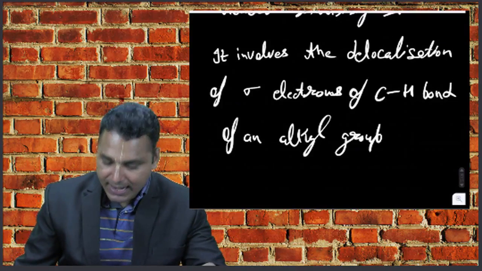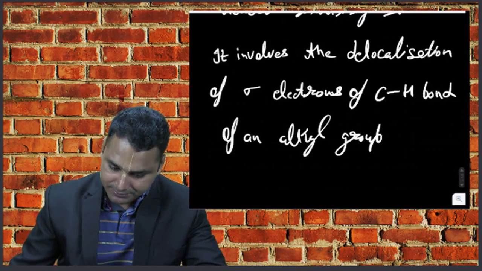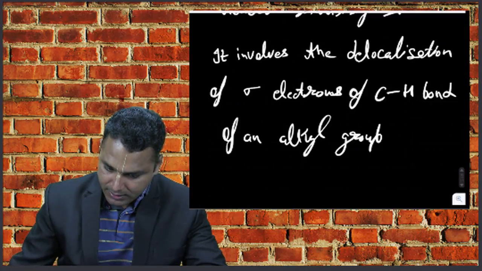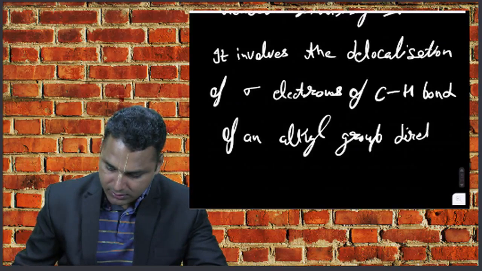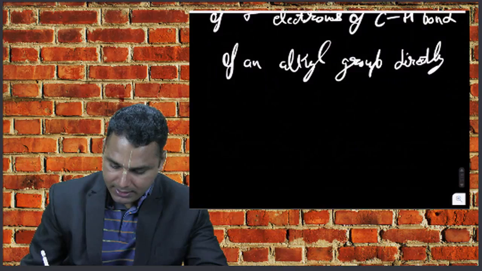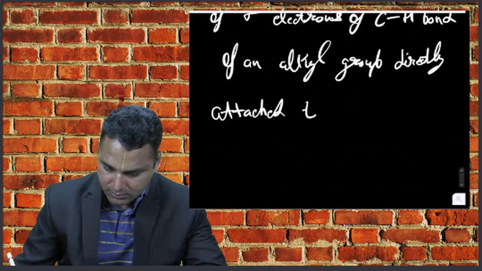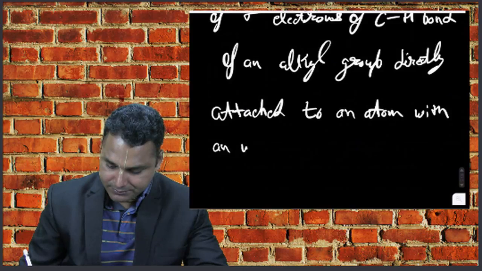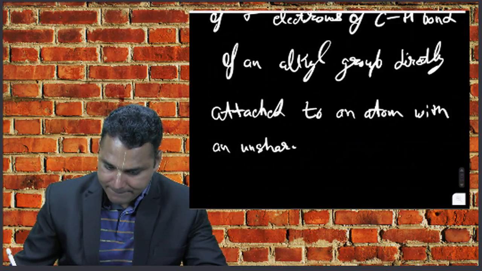Which is directly attached to an atom of an unsaturated system, an atom with an unshared p orbital.